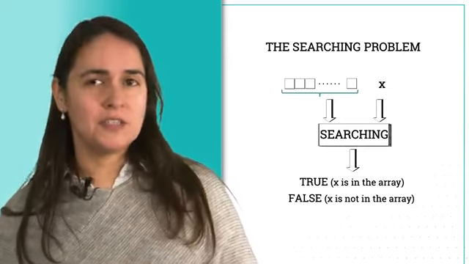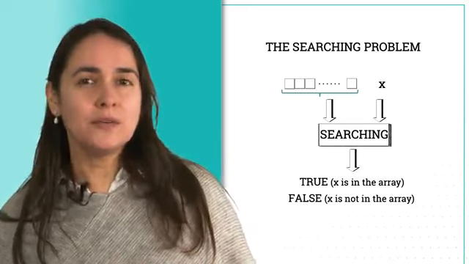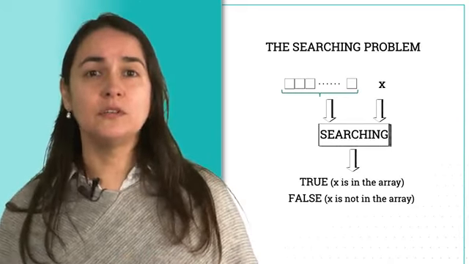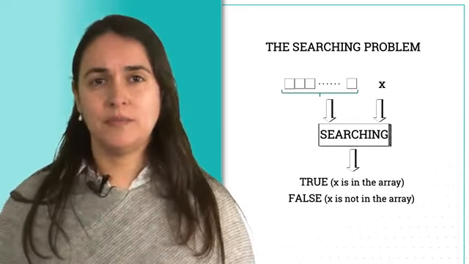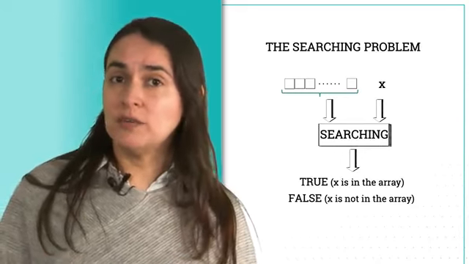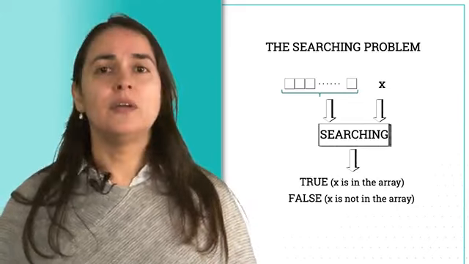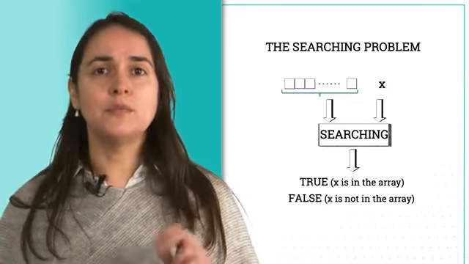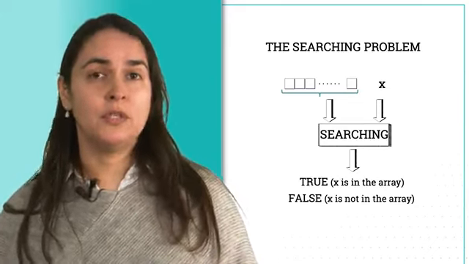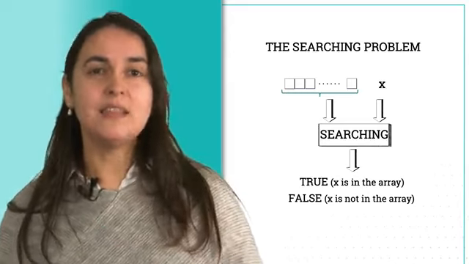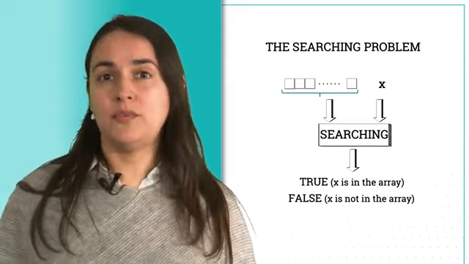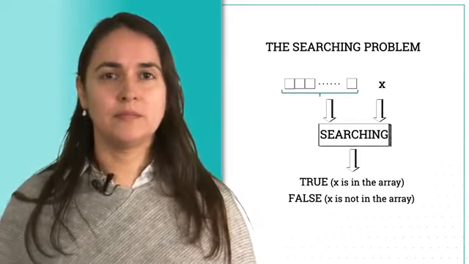There is a variant to this problem where the algorithm must give as a result the position of the number. If the number is not in the array, the result is -1. In this topic, we will focus on the algorithm returning Boolean values. True if x is in the array, and false if x is not in the array.